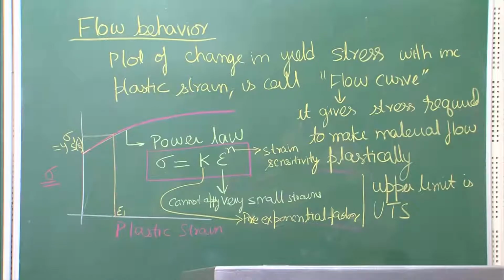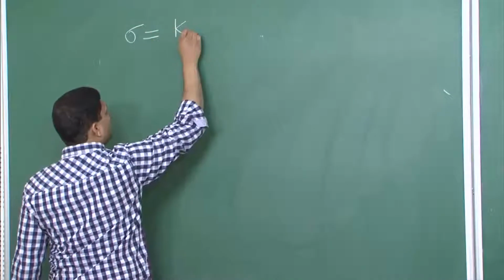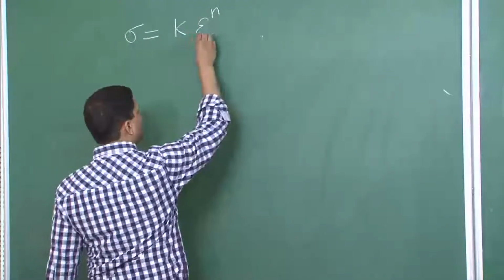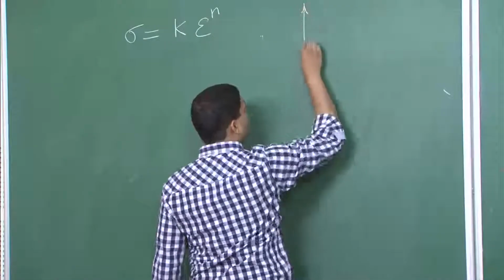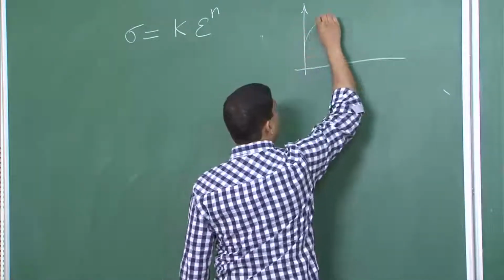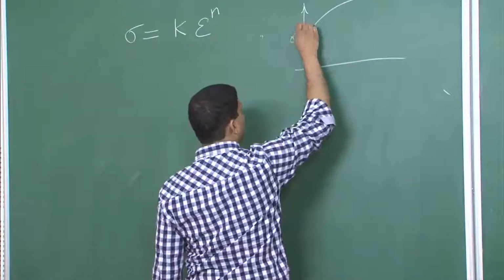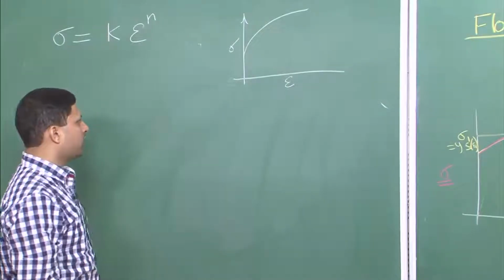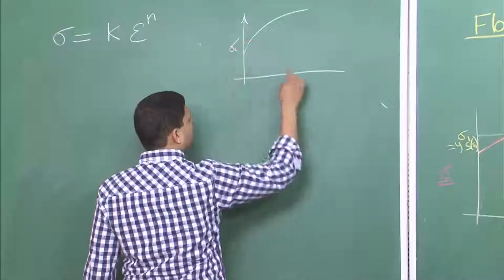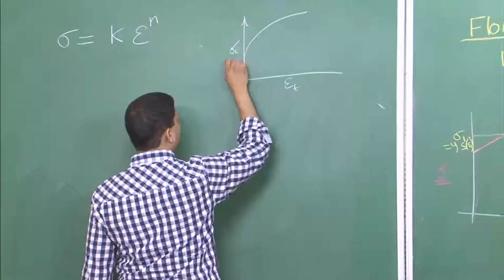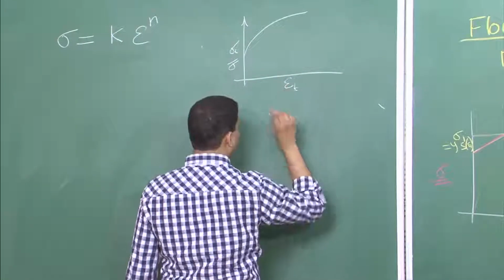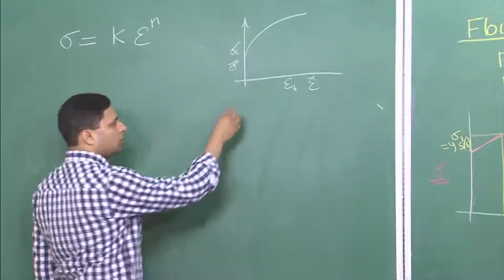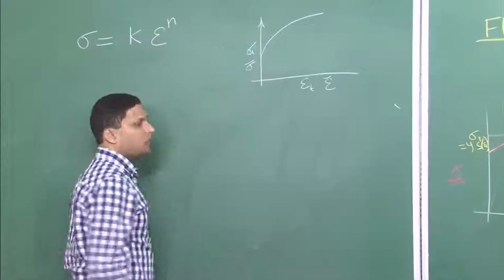So, now we have sigma equal to k epsilon to the power n, but we also know that this is describing our flow behavior from, let us say, uniaxial tensile stress strain, and we also know that sigma true and epsilon true are also equal to sigma effective and epsilon effective, which is represented by the same curve.